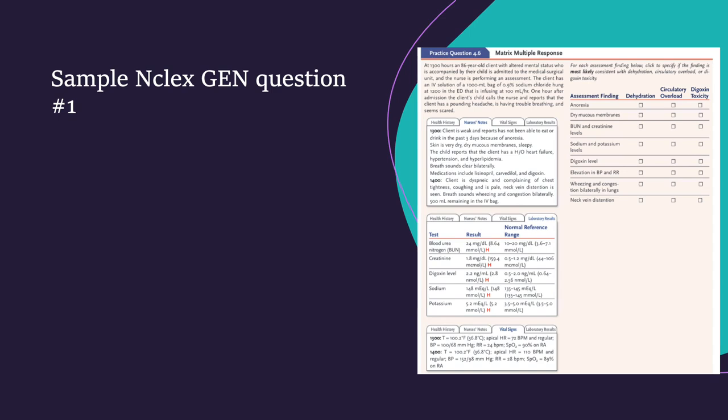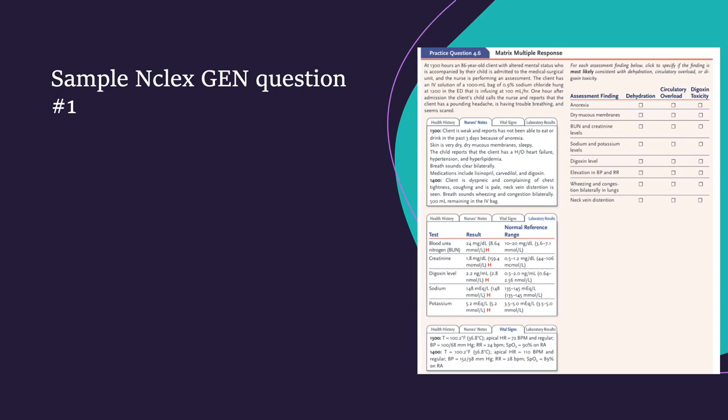So the BUN is elevated. The creatinine is elevated. The digoxin is elevated. The sodium is elevated. The potassium is elevated. Everything is elevated on her. The only vital signs that seem to change from when she first got in there: her heart rate was 72, now it's 110.